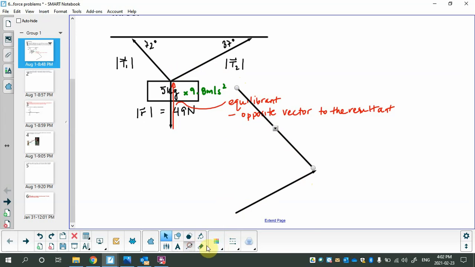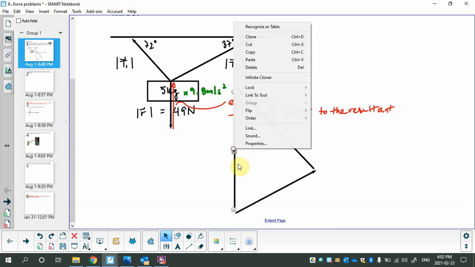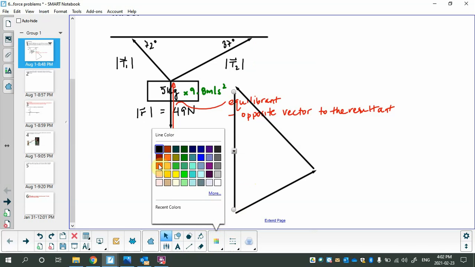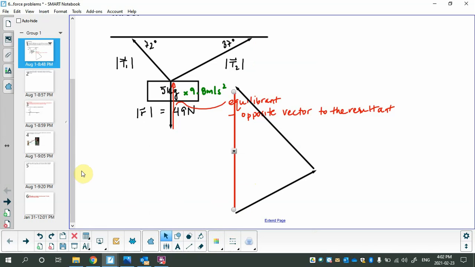And then I am going to dig out the arrow again and come out with that. But to make it stand out, I'm going to color it red.